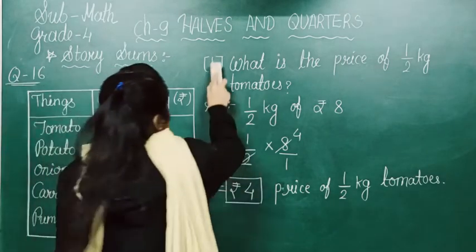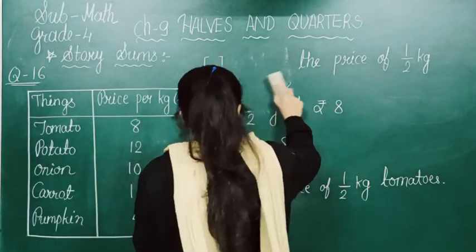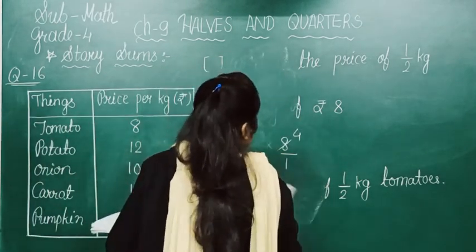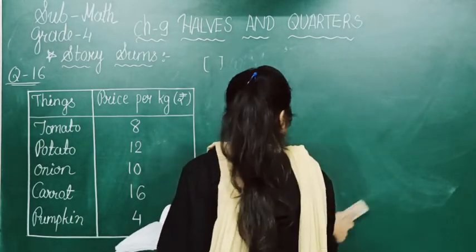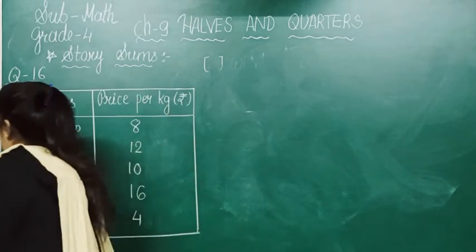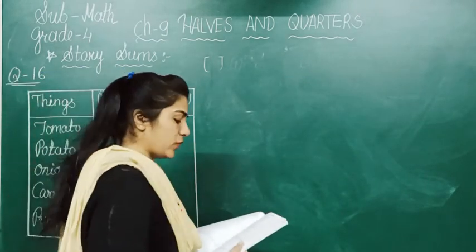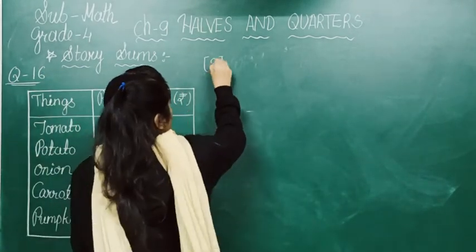Now question number 2 is the same as this. What is question number 2? What is the price of 3/4 kg potatoes?